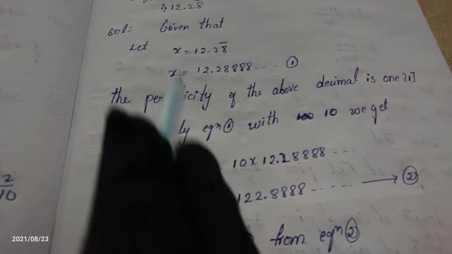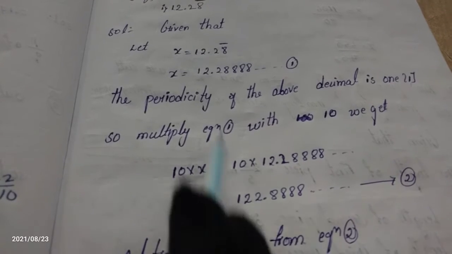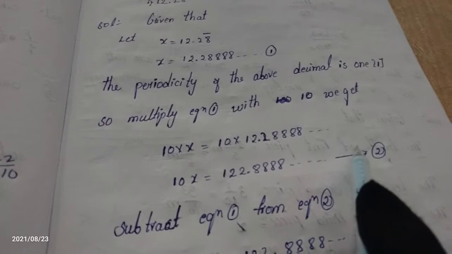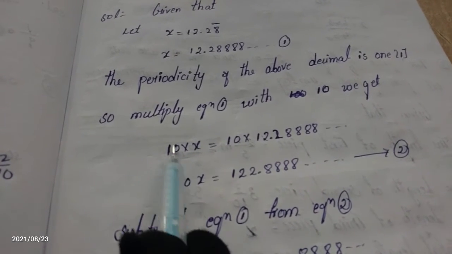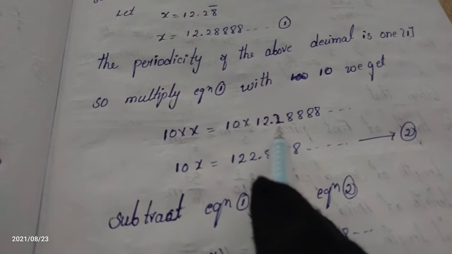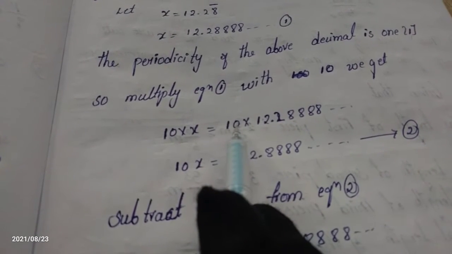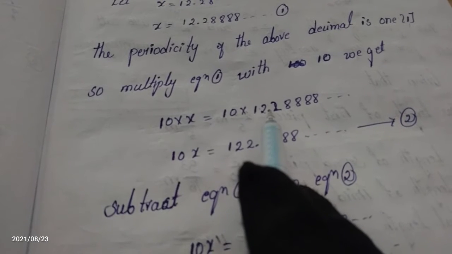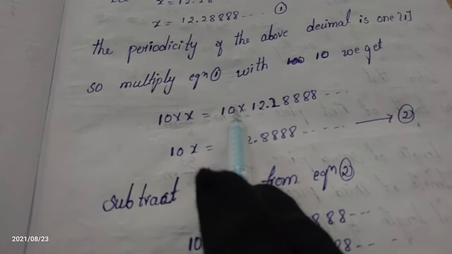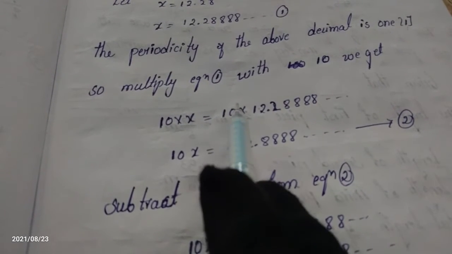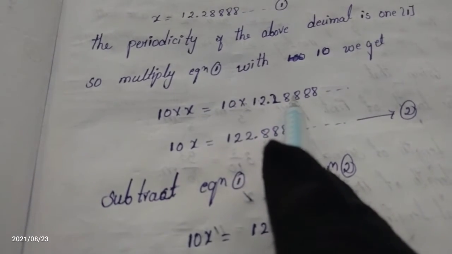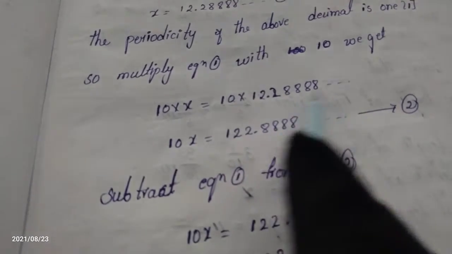10 into x on the LHS, and 10 into 12.2888 and so on. 10 into x is 10x. Here we multiply only by 10, which has only one zero, so the decimal point should move only one place. If it is 100, with 2 zeros, the decimal moves 2 places towards the right side.